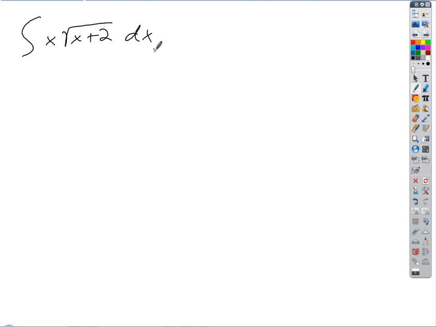You see that if there's a red flag in this problem, where is it? Below the square root. Because if this were a different kind of problem, like if I had given you the antiderivative of x plus 2 times the square root of x dx, we can do that without anything fancy.